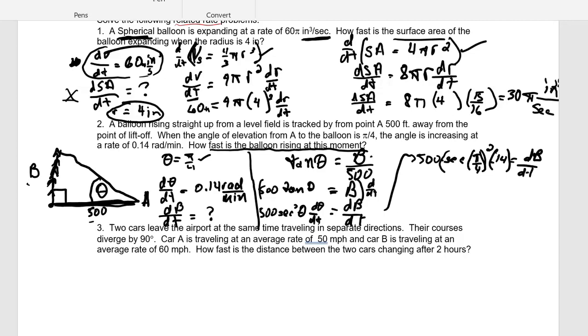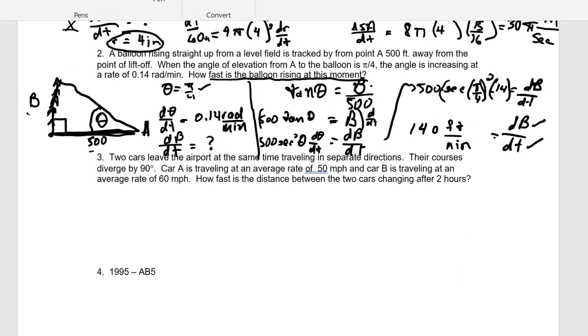Okay. So if we were to evaluate that and simplify that, what that should give us then is 140. And then since this is the change in the balloon's length, change in the length of B over our change in time, it would be 140 feet per minute. All right.